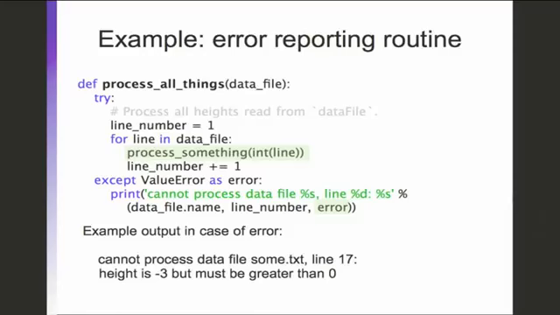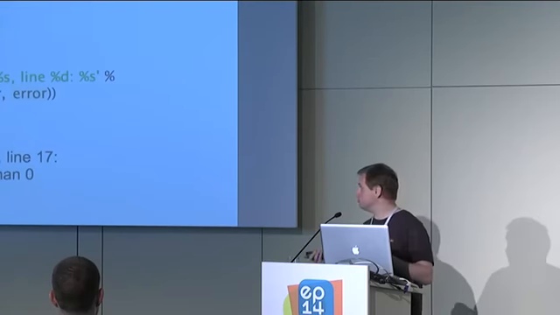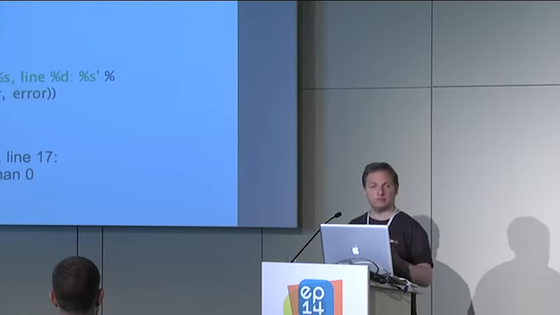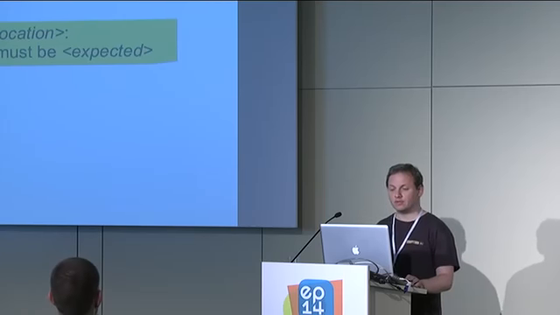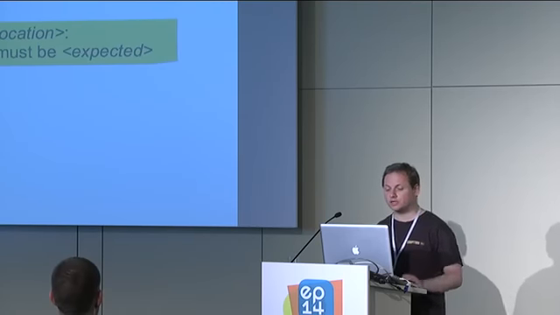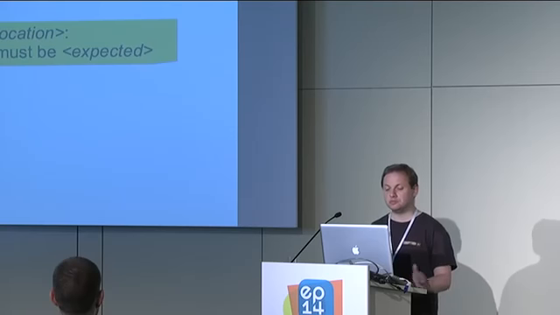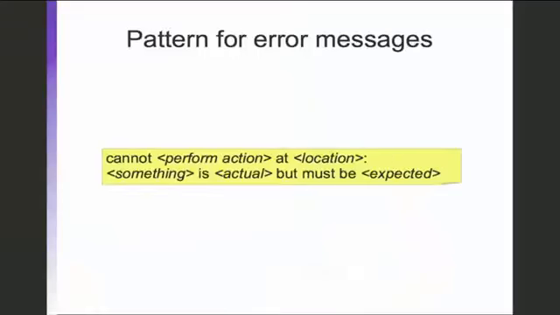Height is -3, but must be greater than 0. Basically, you get all this for free from code you already wrote. So in summary, a pattern for error messages is: cannot perform an action at a certain location. Something is actual, but must be expected. And you should have all of this available in your code.